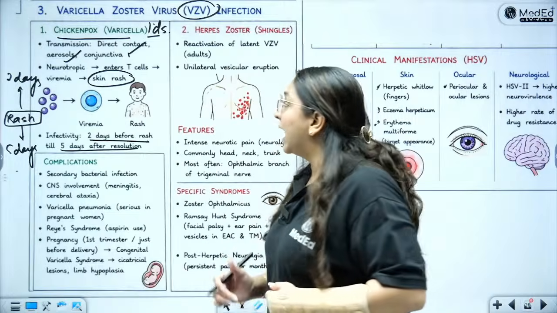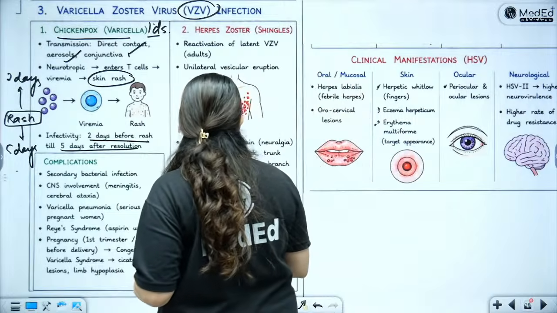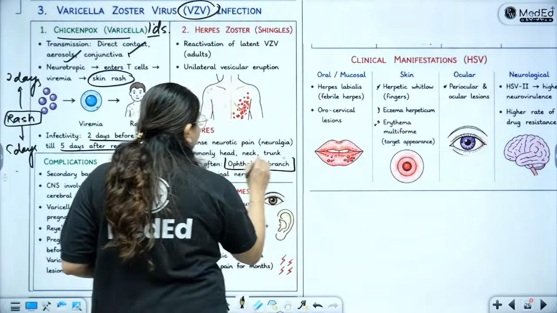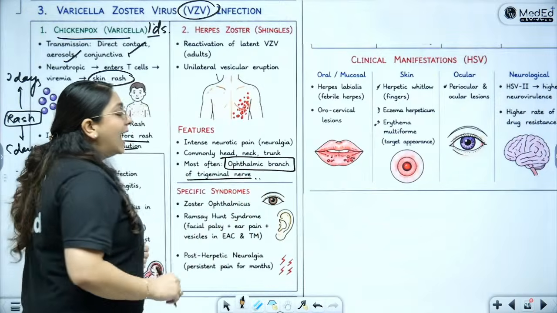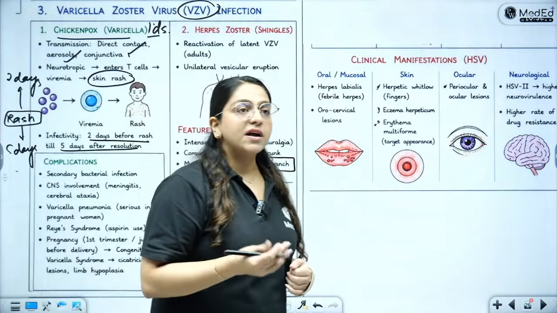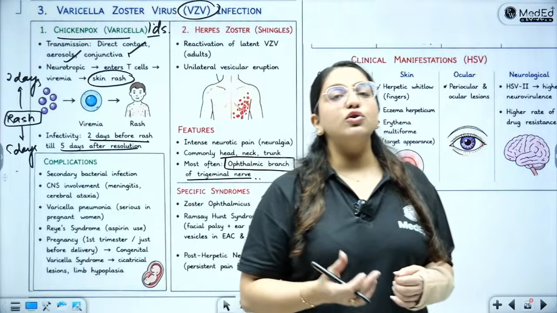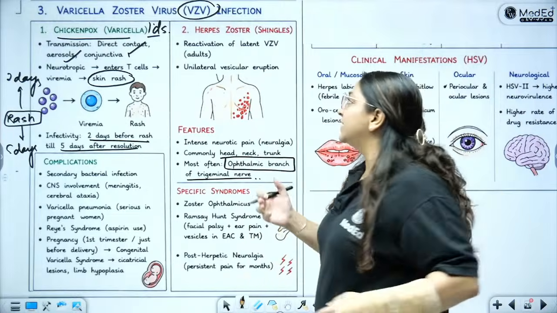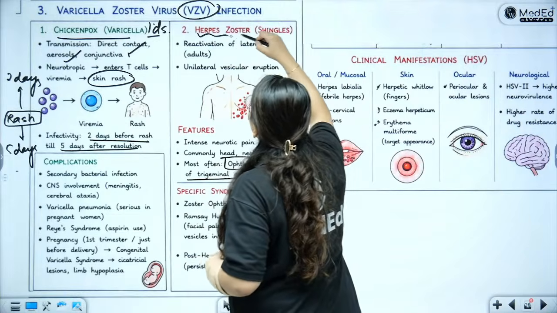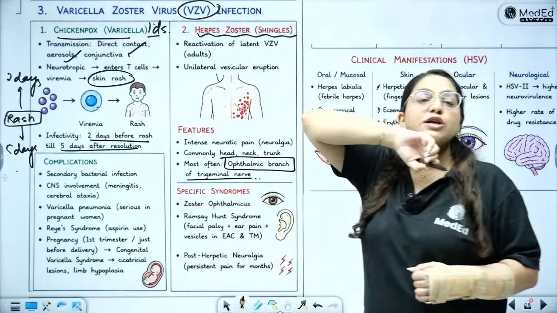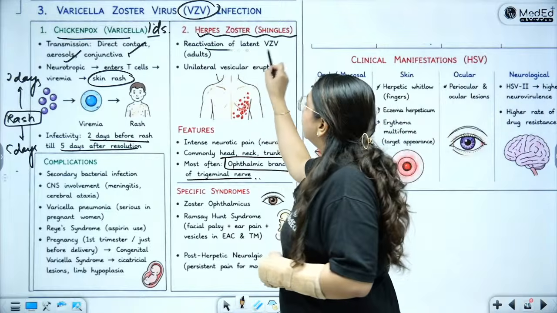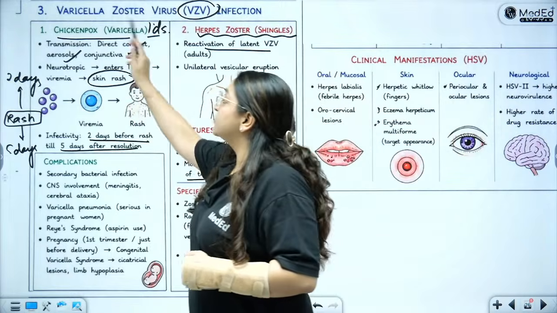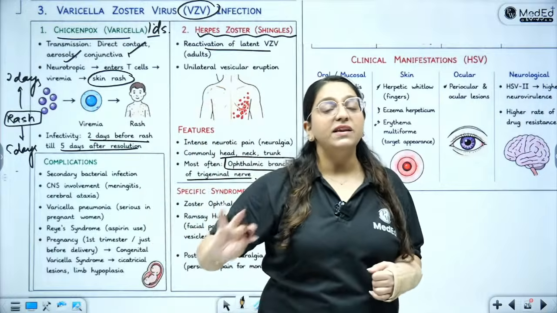It sits in the ophthalmic branch of the trigeminal nerve, and after many years, maybe when the person is 70 years old or something, the immunity is down, this reactivates, and this reactivation disease is called herpes zoster or shingles. Okay, so zoster or shingles is the reactivation of latent VZV, whereas chickenpox is the primary VZV infection.